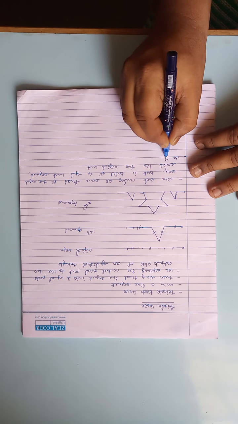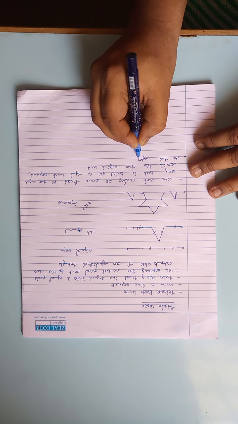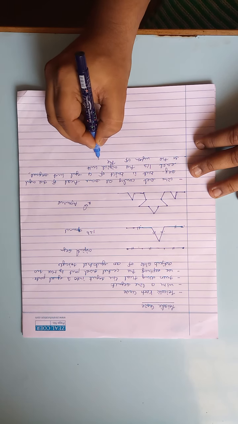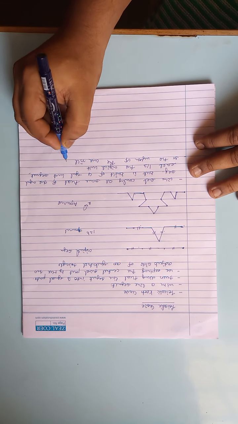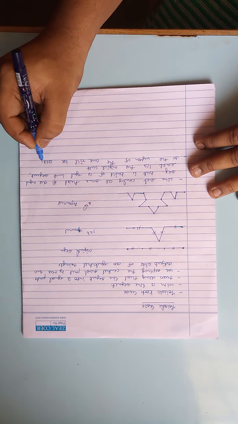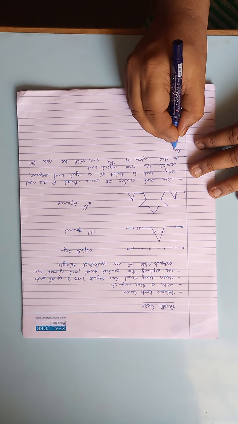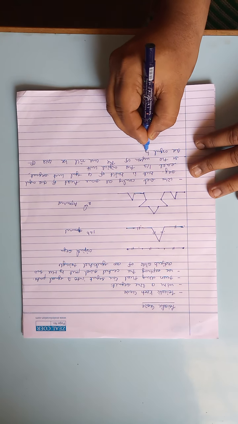So the new length of the curve will be 4 by 3 of the original length.